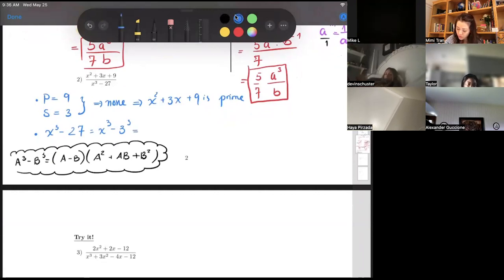So this one will be what? Someone tell me what should I put here? What is your a? What is your b? A is x, 3 is b. So plug it in.